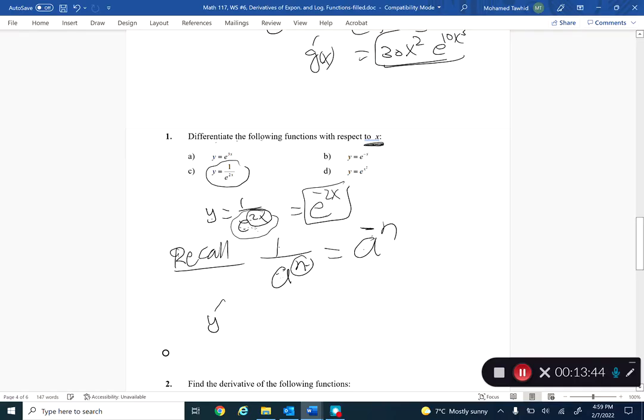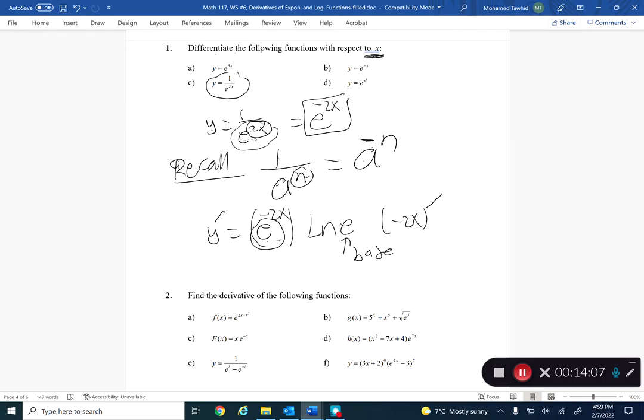So what is the derivative? It will be e to the power, the derivative of any exponential should be exactly the same. I should exactly write the exponential function the same. And ln, what is my base? Your base here is e, that is your base. I put a circle here. And I have to multiply by the derivative of the exponent, which is negative 2x, right?